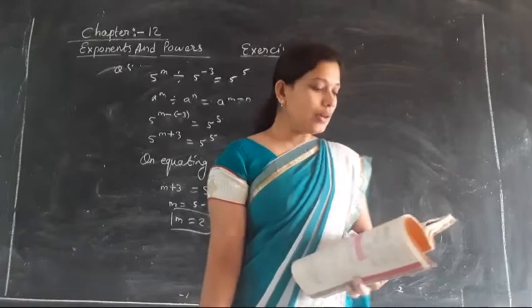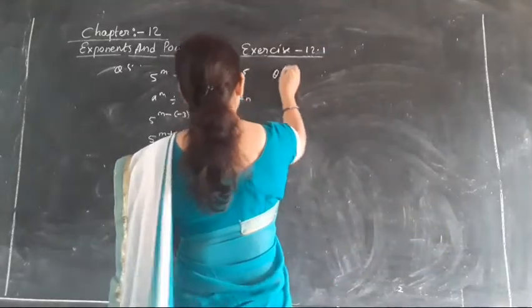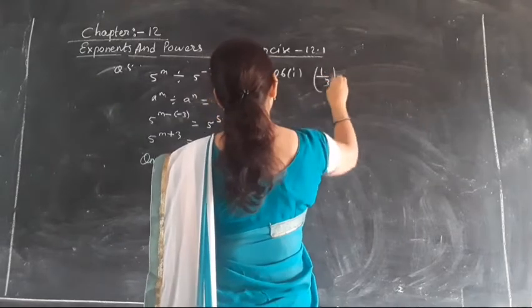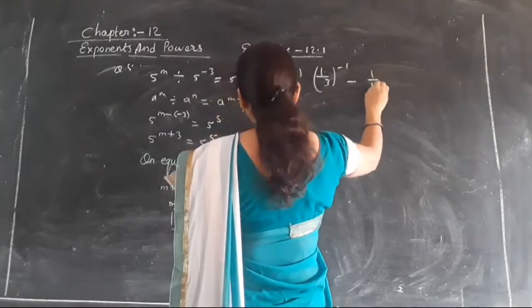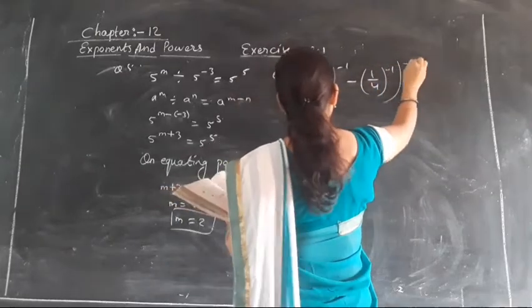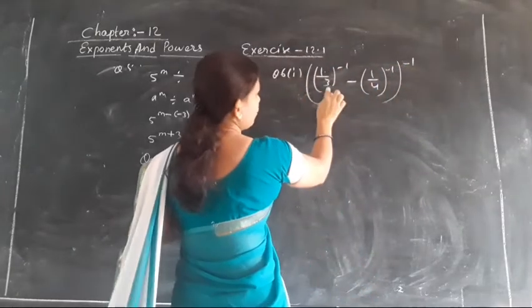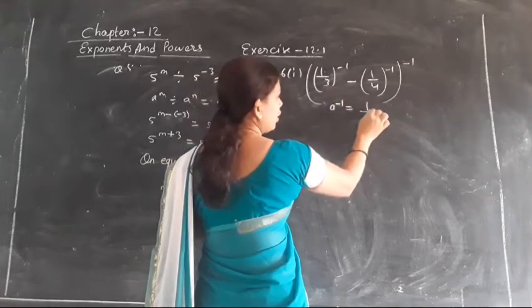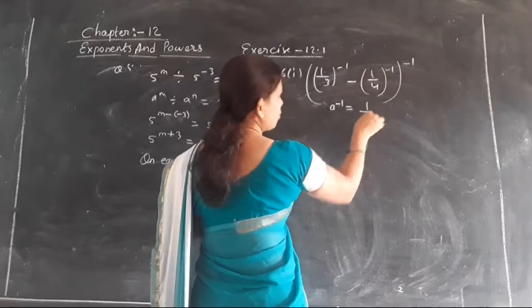Clear? Moving toward question number 6. In this question, the first part we are having is (1 upon 3) whole to the power minus 1, minus (1 upon 4) whole to the power minus 1. For the first part we are going to use the law of exponent: a to the power minus 1 is equal to 1 upon a.